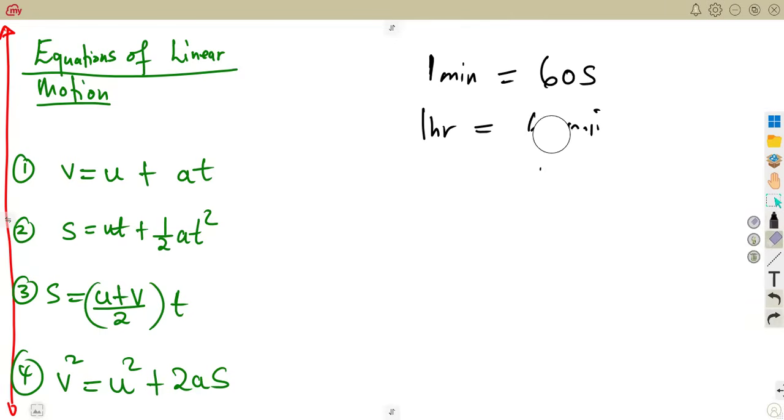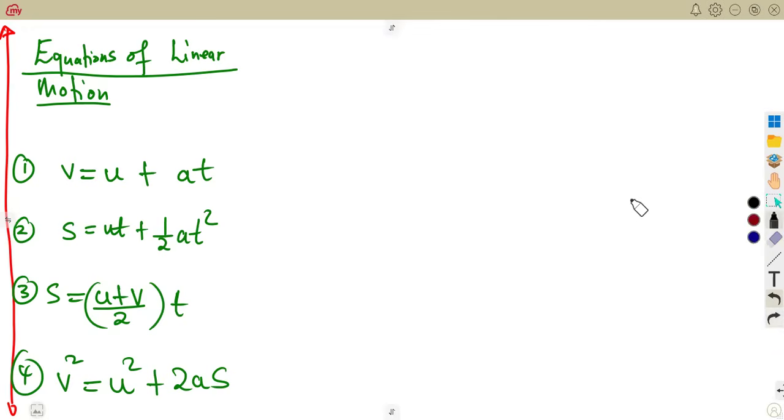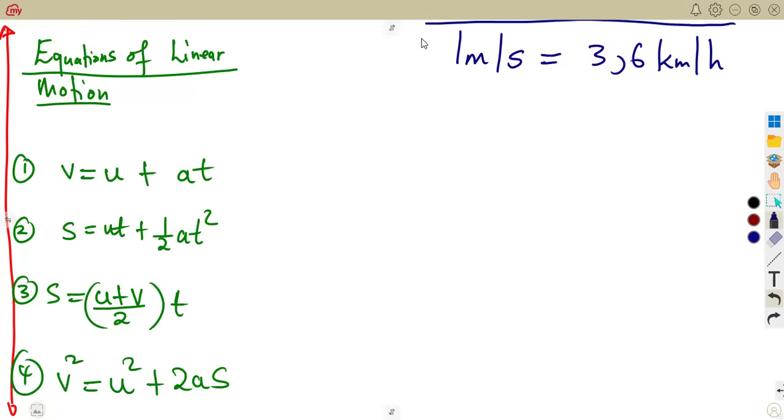They are basic units. So even on the conversions of speed, velocity, it is a basic unit that you also ought to know, that 1 meter per second is equal to 3,6 kilometers per hour. So it can be used for conversions.